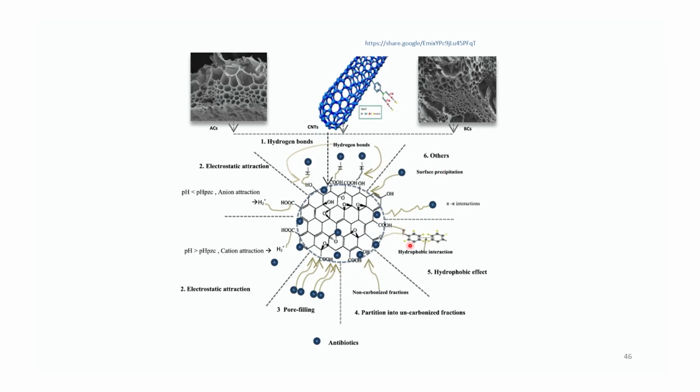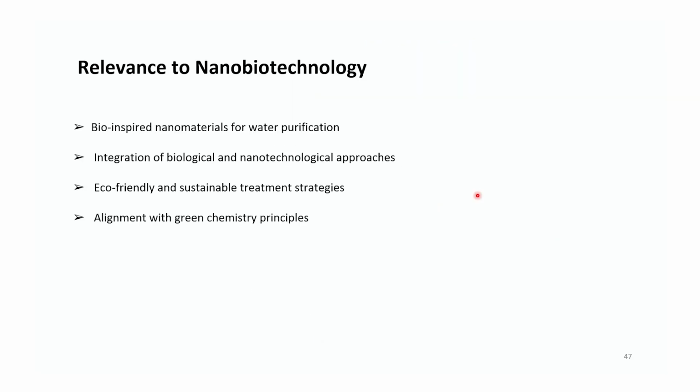This is how they are going to come and adsorb, or hydrophobic interaction and non-carbonized fractions, or pore filling. They can get inside the pores and get adsorbed, or electrostatic attraction. So they just get adsorbed onto the surface and removed. So the high surface area of the carbon nanotube and the porosity will help in enhancing the adsorption effect, and hence the removal of the antibiotics.